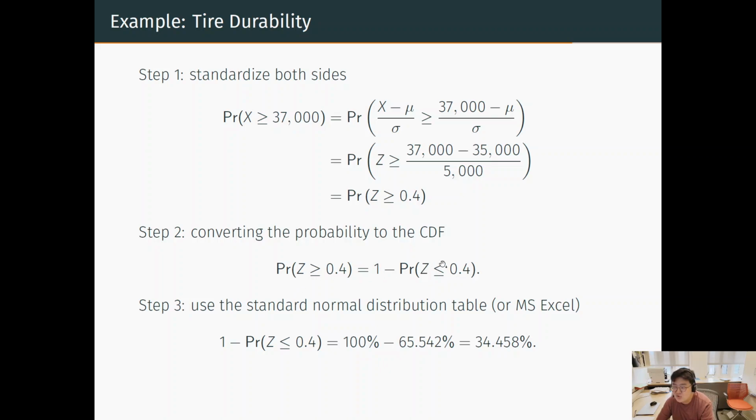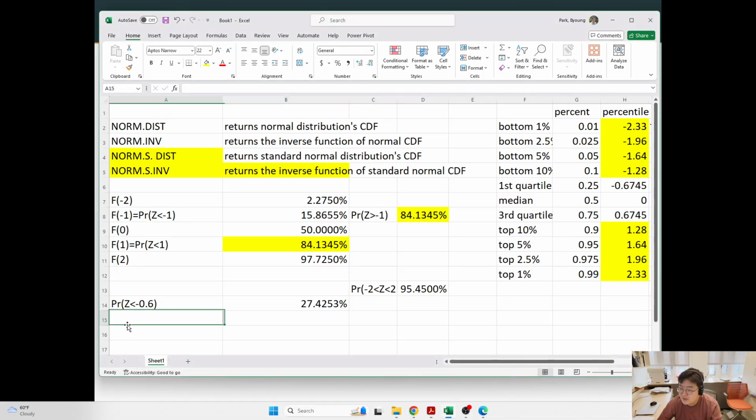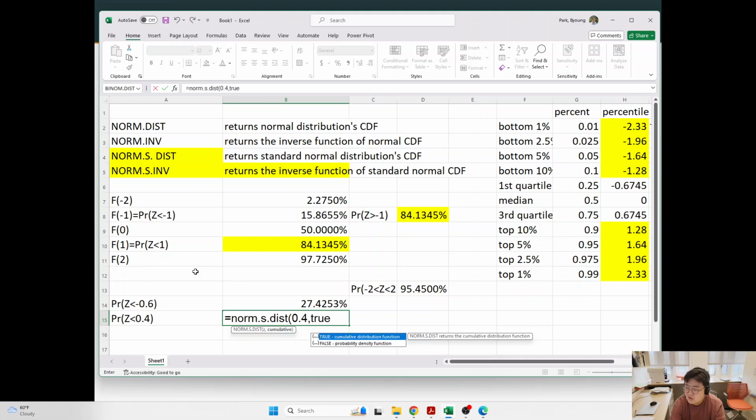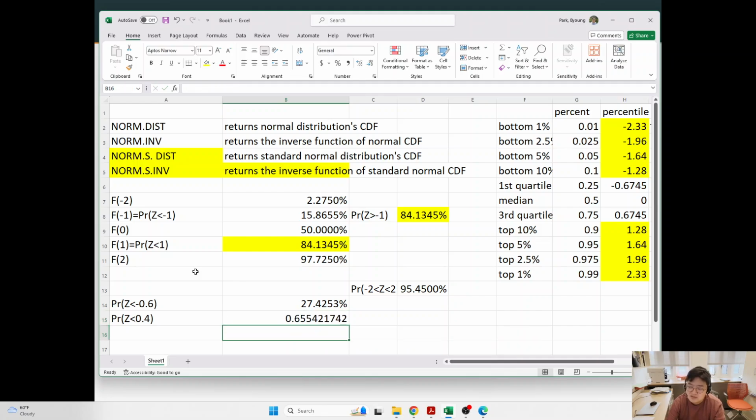So 1 minus cumulative probability. That is what you find from Excel. Probability smaller than 0.4. So probability z smaller than 0.4 is NORM.S.DIST of 0.4, cumulative true. That is that.